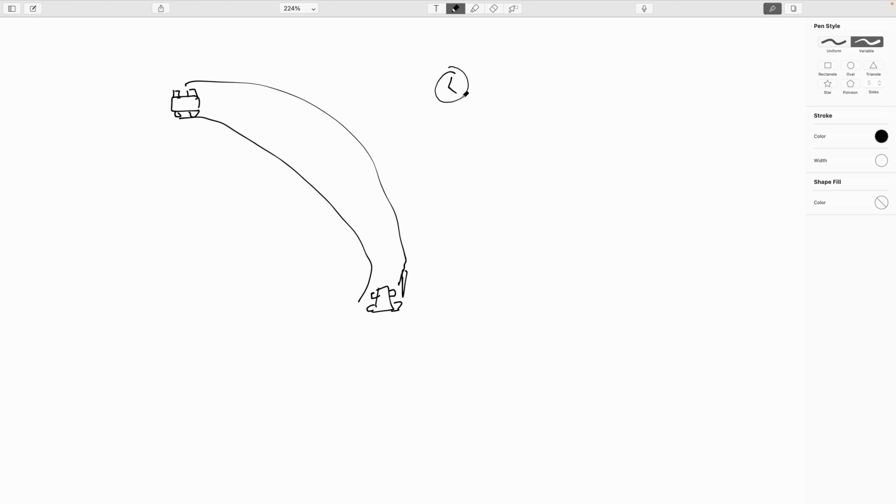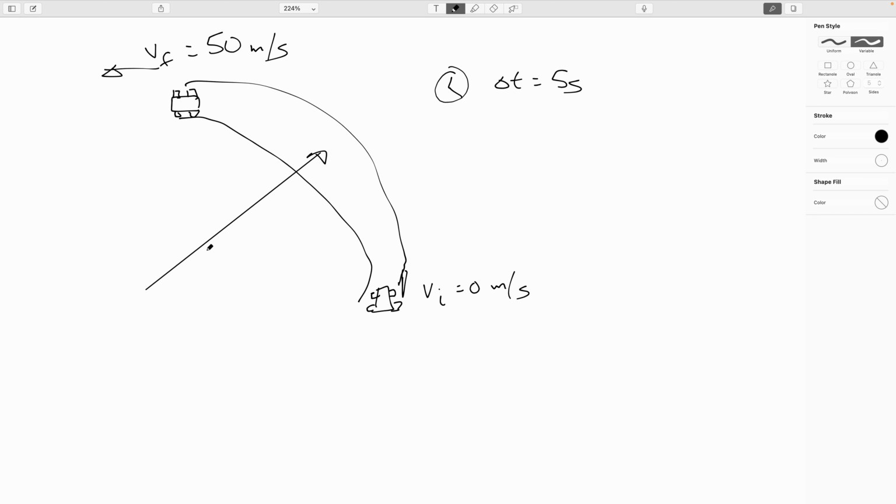We'll say that a grand total of 5 seconds elapsed in the process. And we will say that we started at rest and we ended up going at 50 meters per second. And we'll say that the radius of curvature of our road is 100 meters.